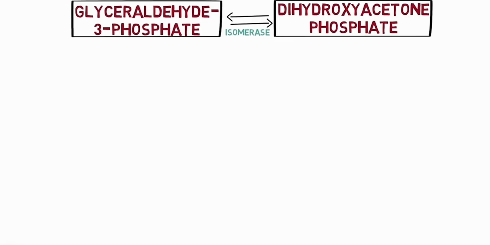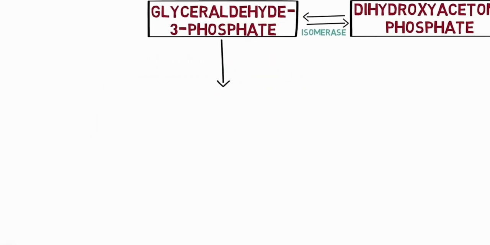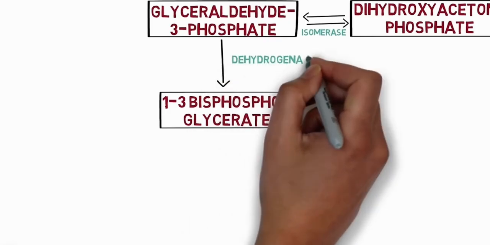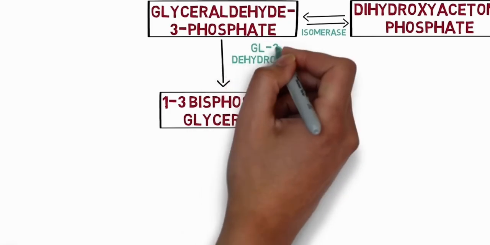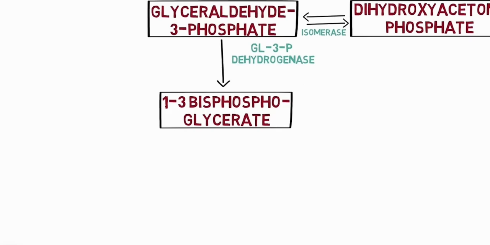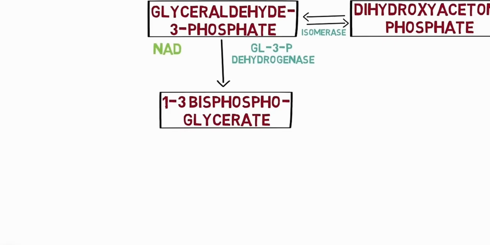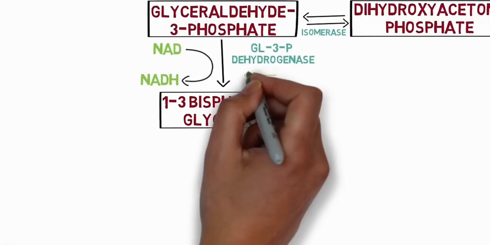In the next reaction, glyceraldehyde 3-phosphate is converted into 1,3-bisphosphoglycerate. The enzyme that catalyzes this is glyceraldehyde 3-phosphate dehydrogenase. In this reaction, NAD is converted into NADH, which is further utilized in the electron transport chain to produce more energy.